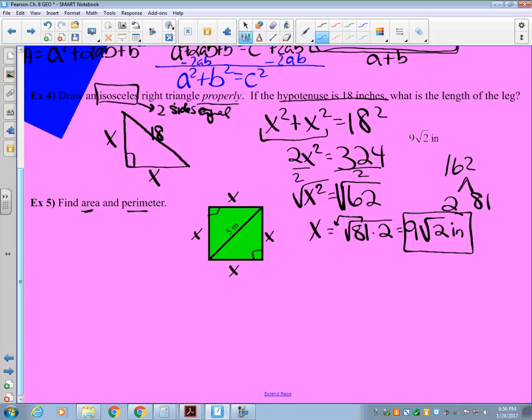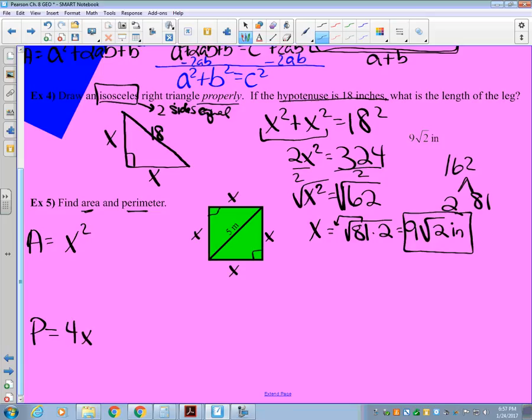Okay. All 4 sides are x. The perimeter, let's do the area first. The area of a square is the sides squared. The perimeter of a square is 4 times the side. So we really need to know what that side is.